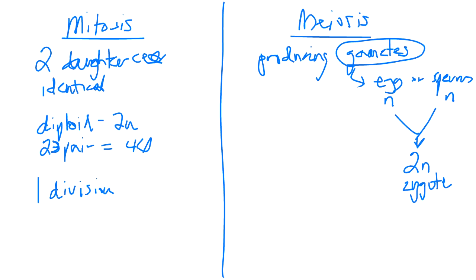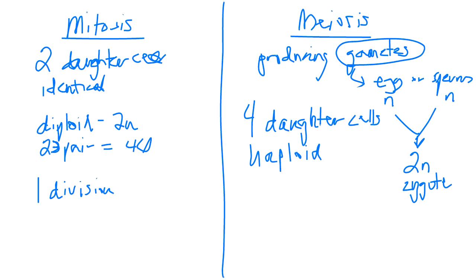So the whole purpose of meiosis is to produce haploid cells. Or you could say it a different way, the whole purpose is to start with a diploid cell and cut the DNA or the genetic material in half. In order to do that, what happens in this process is you actually get 4 daughter cells that are haploid, but they are not genetically the same, right?